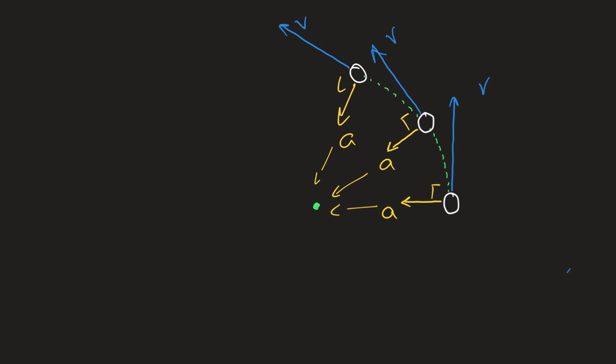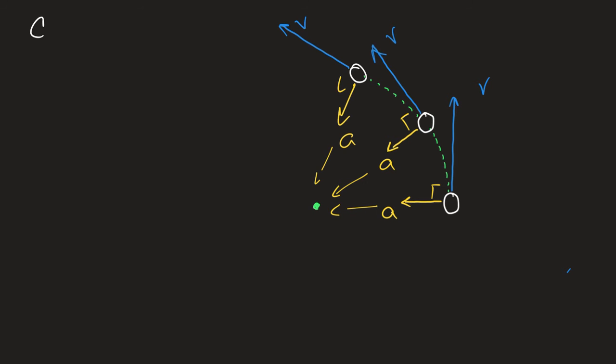Meaning if you have an acceleration that is always perpendicular to the velocity, it will cause a circular motion in your object.